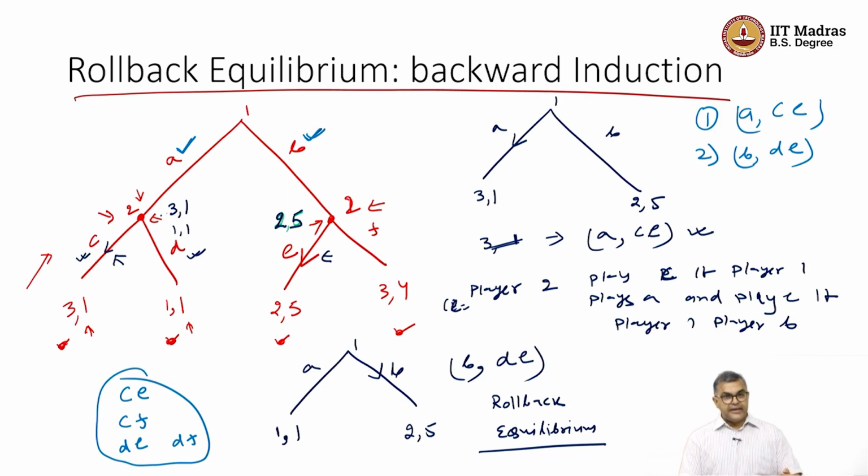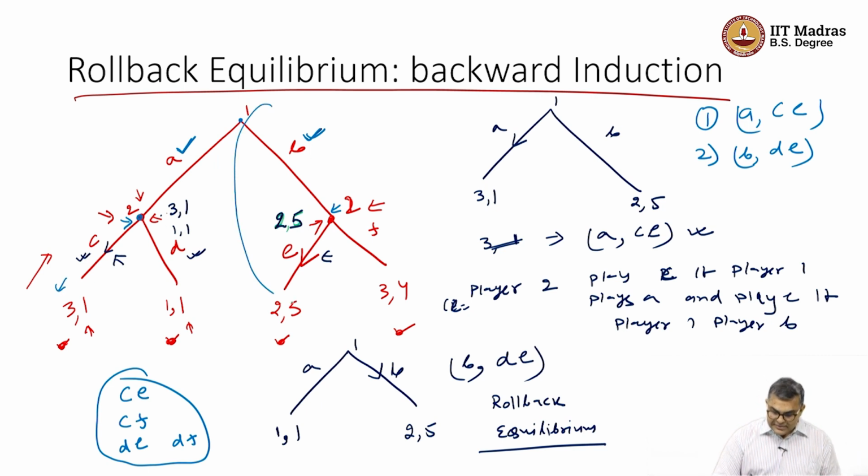Now, let us take one more minute to understand that when player 1 is playing A or B at this particular point, player 1 is not playing randomly. Player 1 is forming a belief about what player 2 is going to do at this node and at this node, because if player 1 plays A and player 2 plays C, then the game reaches here and it ends.